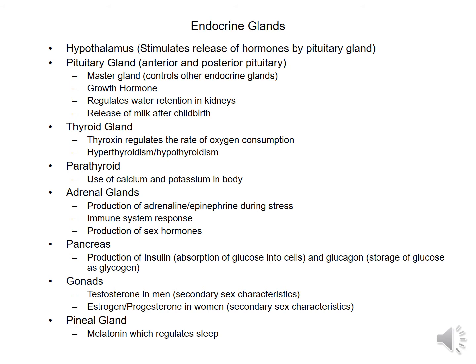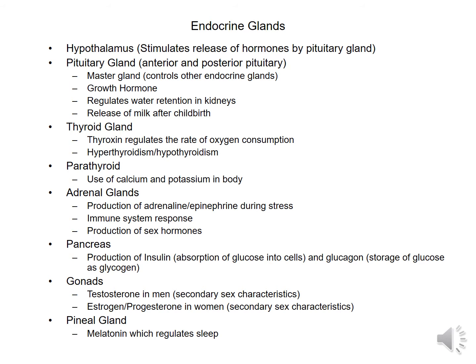action potentials. The adrenal glands are an interesting gland in that they produce many things. Some hormones come from the medulla, and those include some sex hormones. Some come from the cortex, and those include corticotropic hormones.